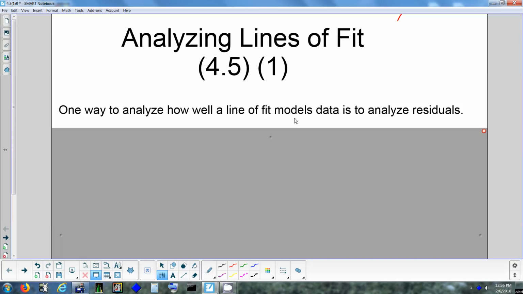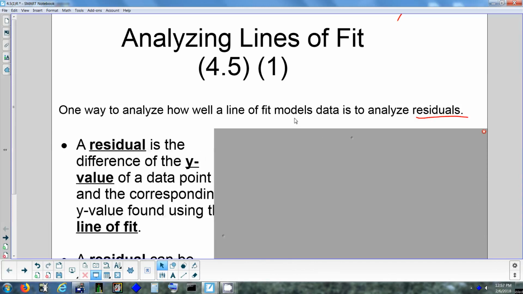So the first thing we're going to look at looks like a fancy word, but it's very easy to do. It's called a residual. On your notes, it says a blank is the difference. You want to fill in residual.